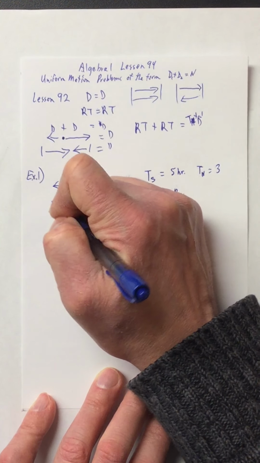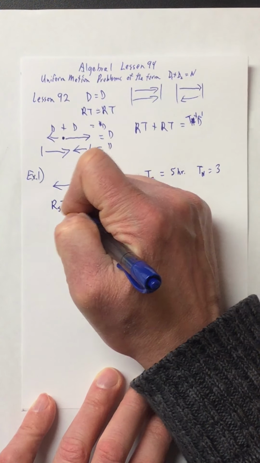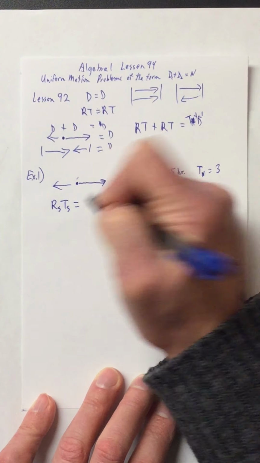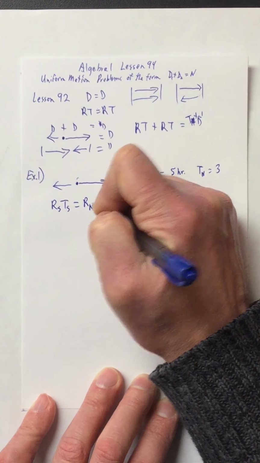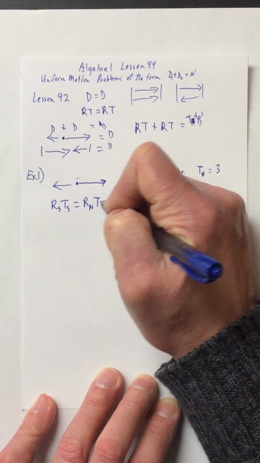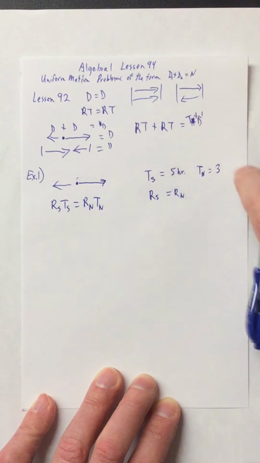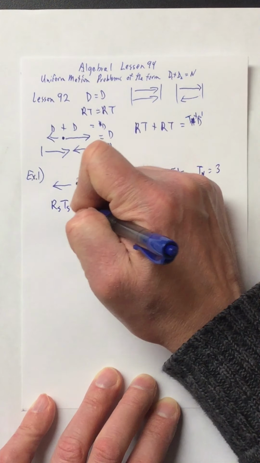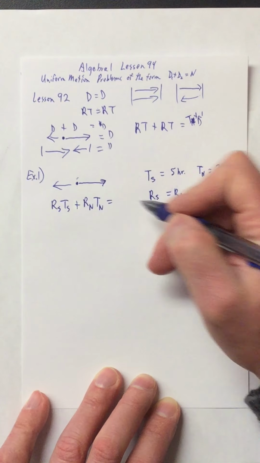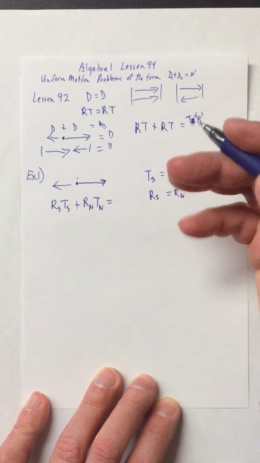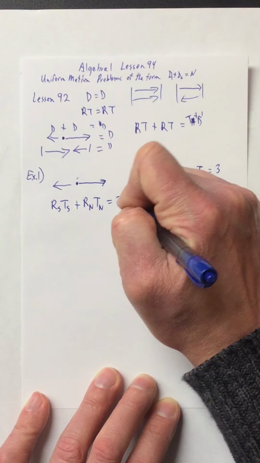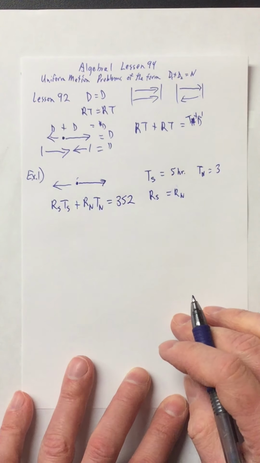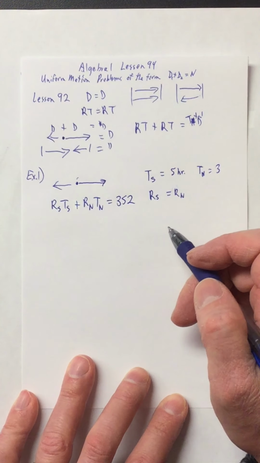We have the rate of the southbound bus times the time of the southbound bus is equal to the rate of the northbound bus times the time of the northbound bus. All right, that's the first scenario. We have the second where we add them together, and that's going to equal the total distance, which we're told is 352 kilometers.